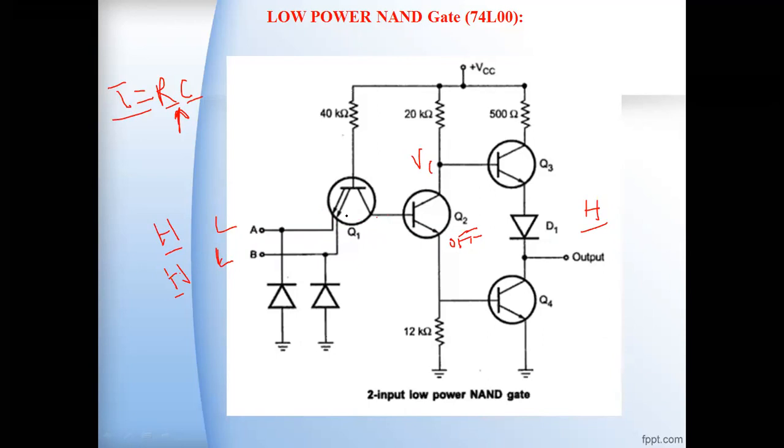So when the transistor Q1 is off, the voltage at the transistor Q1 collector now increases. How does it increase? Because of this VCC through the 40 kilo ohm resistor, there will be a voltage drop, and that voltage will be available here. This voltage drives the transistor Q2 to the on state.